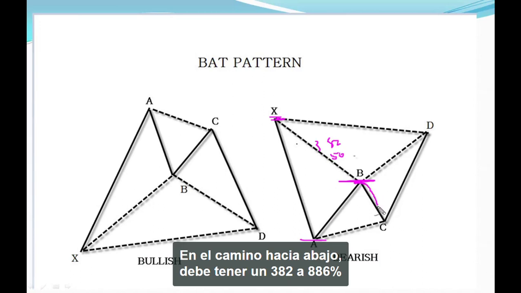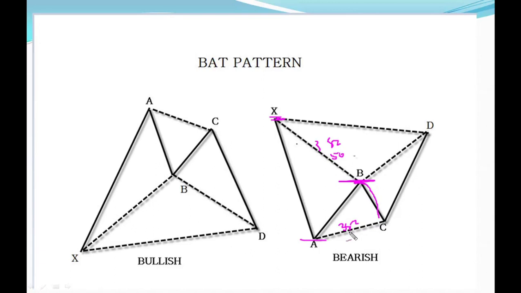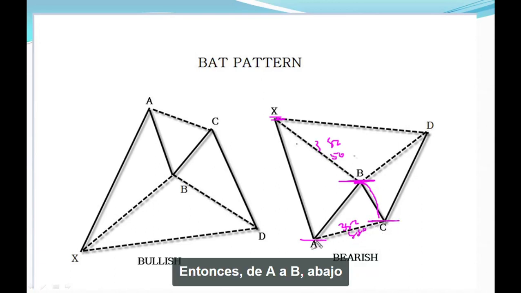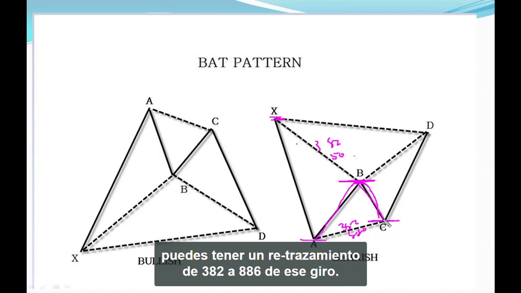On the way back down, it should hold a 38.2 to 88.6% retracement of that market swing up. So from A to B down, you can get a 38.2 to 88.6 retracement of that swing.